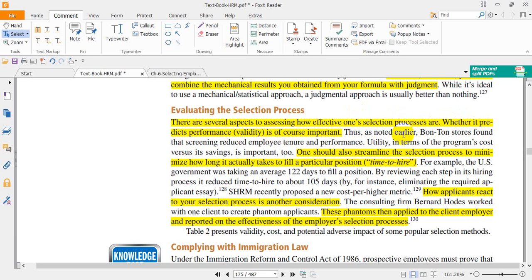Thus, as noted earlier, screening reduced employee tenure and performance. Utility, in terms of the program's cost versus its saving, is important too. One should also streamline the selection process to minimize how long it actually takes to fill a particular position.